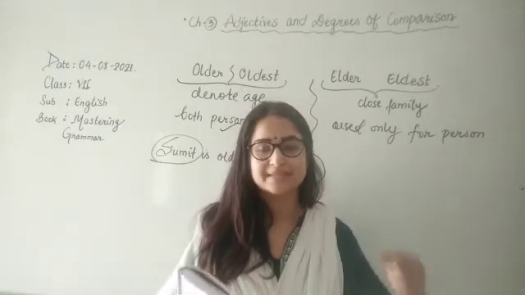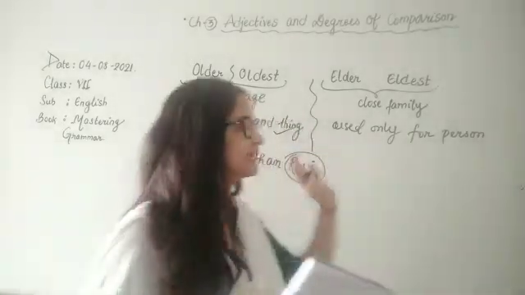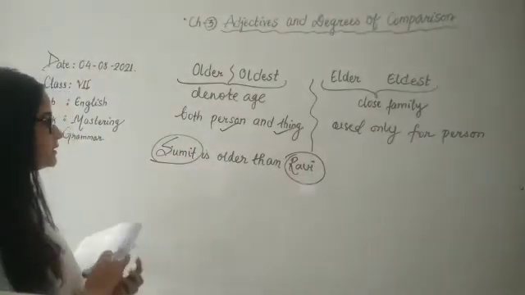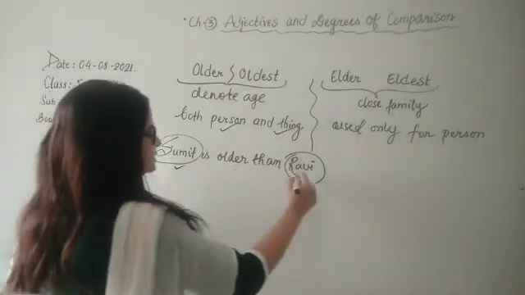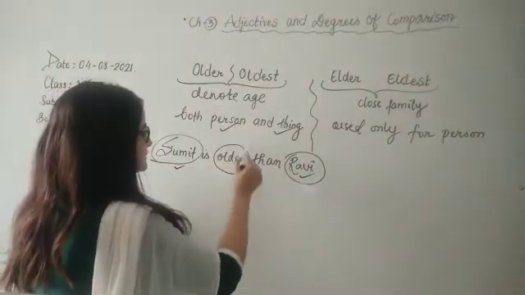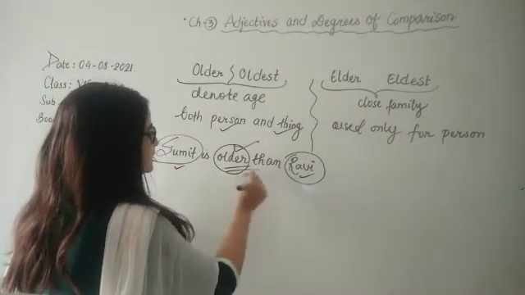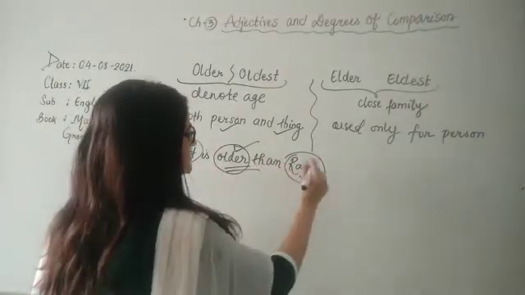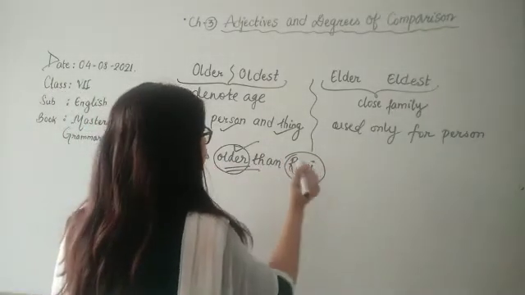They are not from the same family line. They can be friends or cousins, anything. It's not important for them to be from the same family. Then we can use older, and this means Sumit is of more age than Ravi, right children?